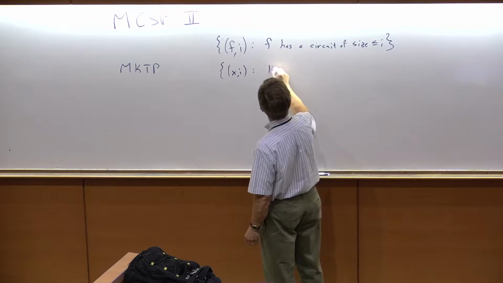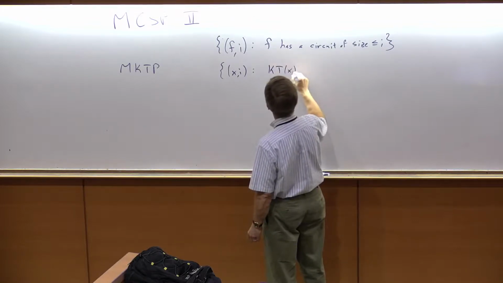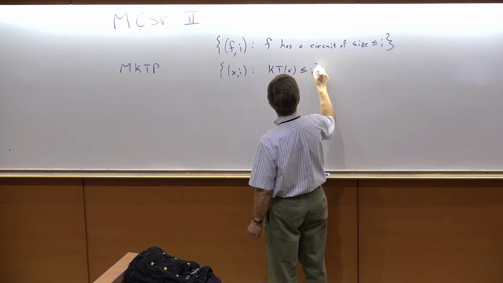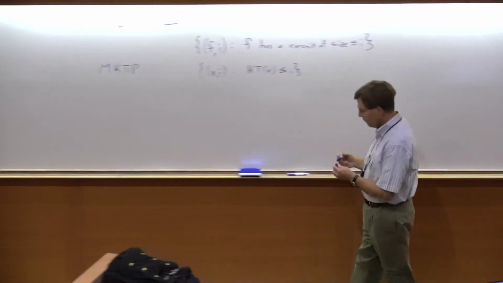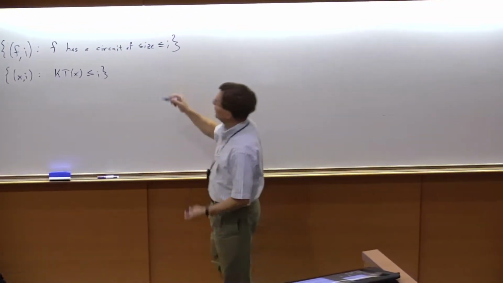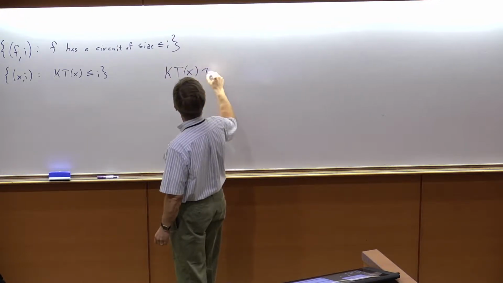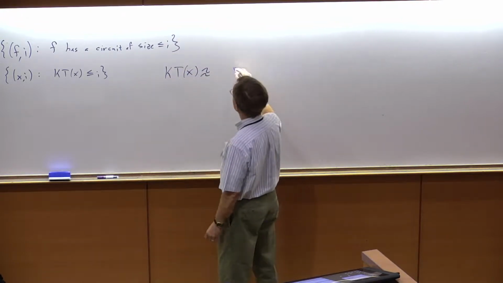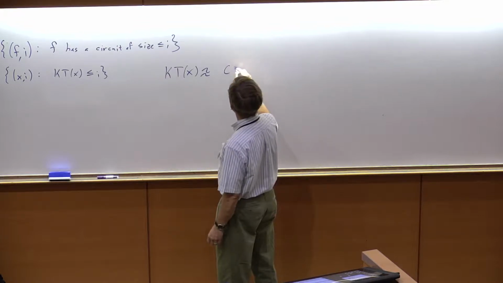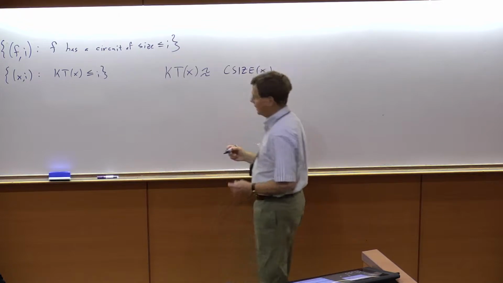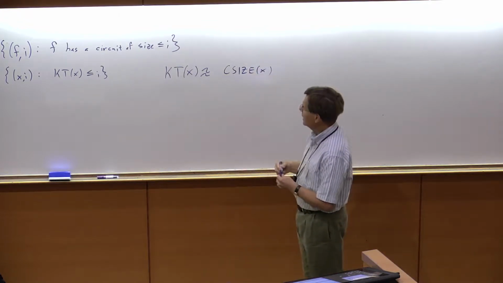So you want to know if the time-bounded Kolmogorov complexity of X is less than or equal to I. And these are related because the time-bounded Kolmogorov complexity of a string X is roughly the same thing as the circuit size of X.